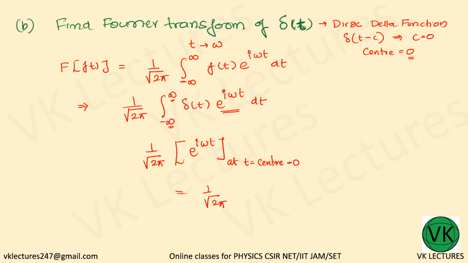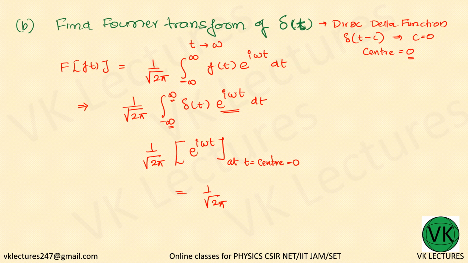For the Dirac delta function, either the function will be 0, or the entire limit will go to 0, if the center is outside. Usually for Fourier transform the limits are from minus infinity to plus infinity. So every point of this center in the Dirac delta function will always lie between minus infinity and plus infinity.